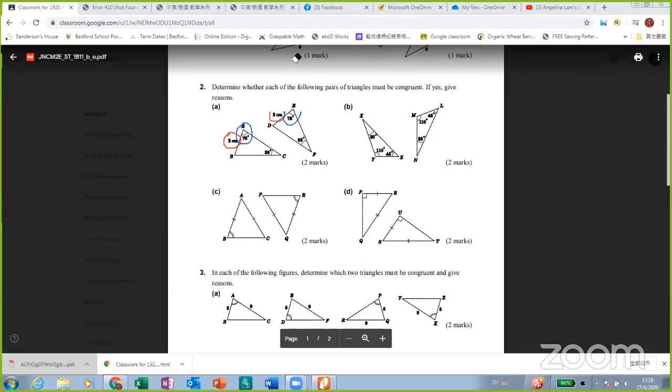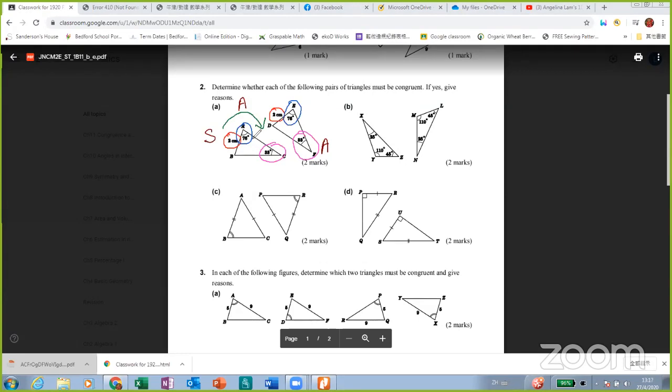We need to follow the sequence. Therefore, in this case, you can see that I am following this direction, taking the left triangle. Therefore, the next one that we have information about will be this one. It means first I have information of side, then angle, and then angle.